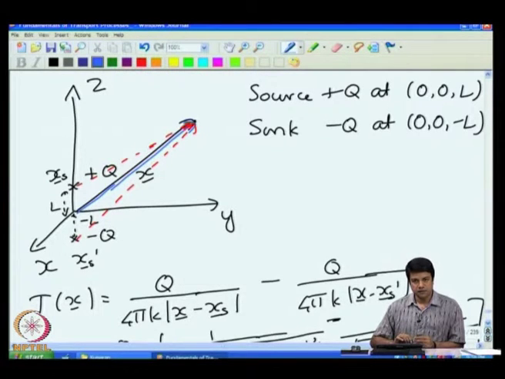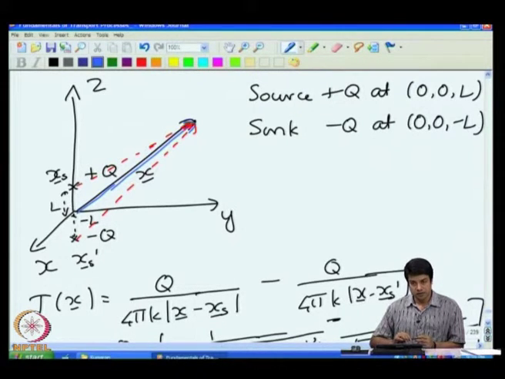The next higher term, n is equal to 1. I am sorry, n is equal to 1. For n equal to 1 in the spherical harmonic expansion, m goes from -1 to 0 to +1. So, there are 3 solutions.